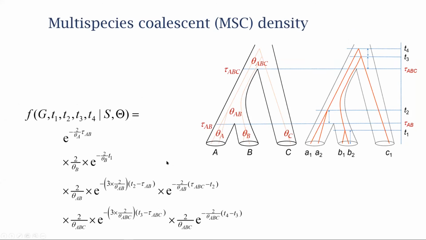Now, this is the joint density of the topology, big G, and the coalescent waiting times. So we have this example here. The samples include 2 A's, 2 B's, and 1 C. So it's essentially a similar kind of exponential waiting time densities multiplied together, because the different populations are independent.